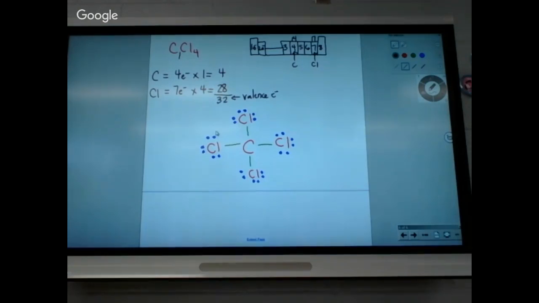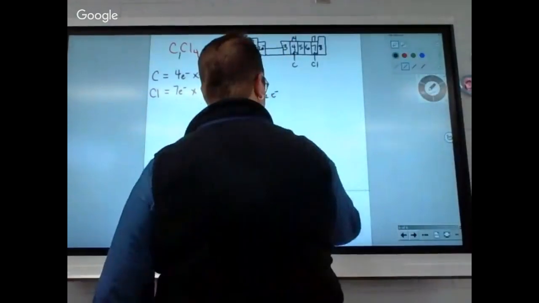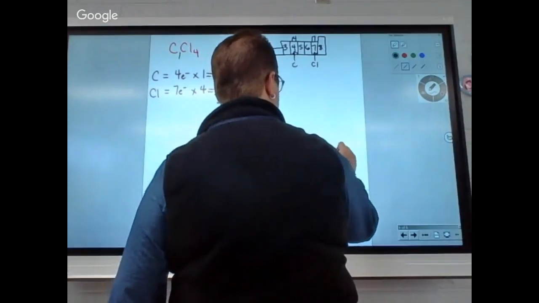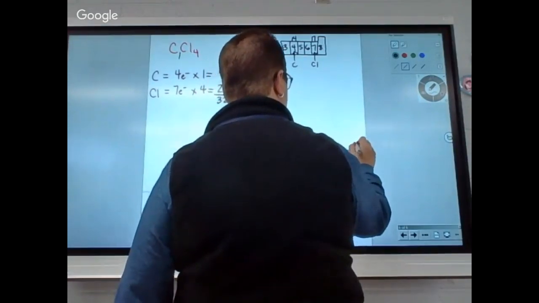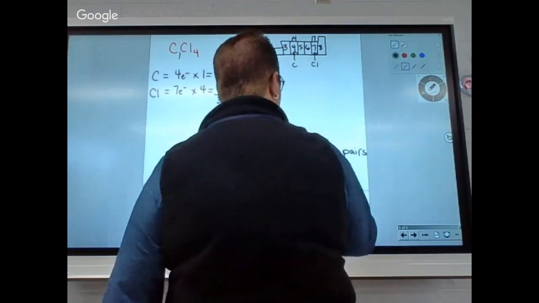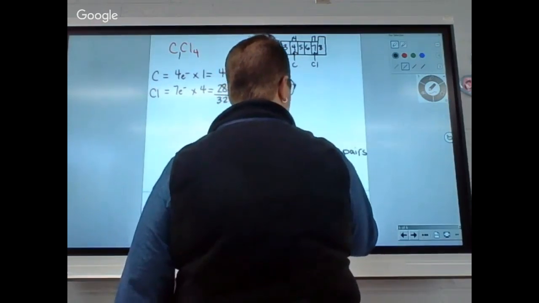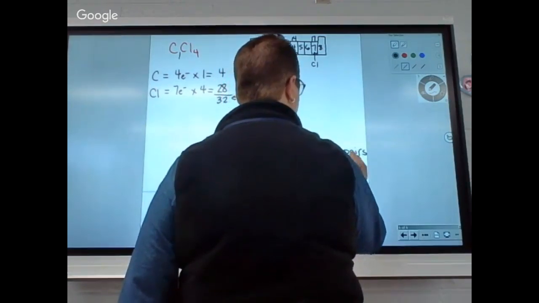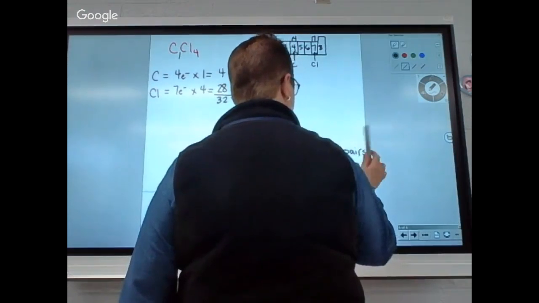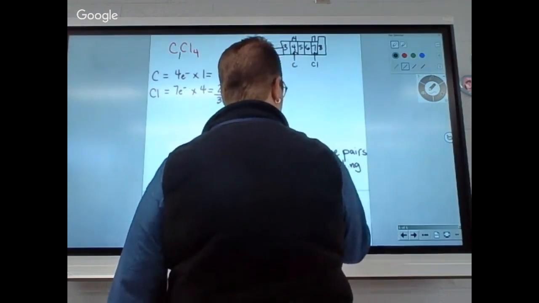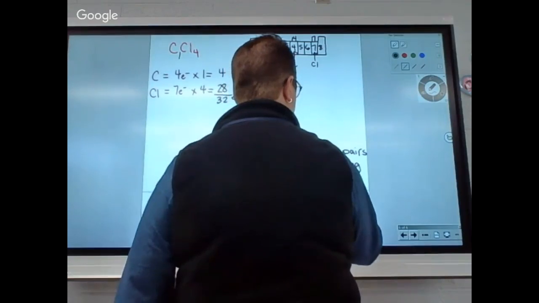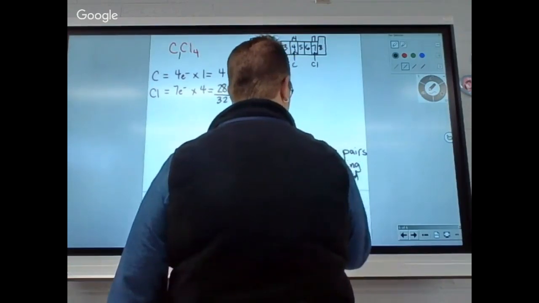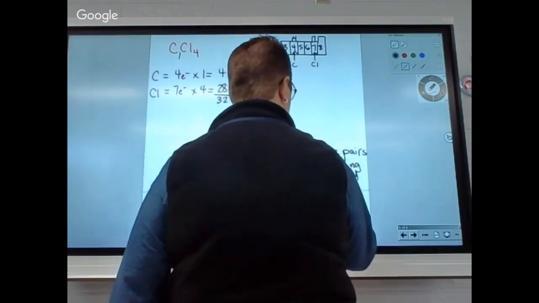All right. The dots are called lone pairs, which is the term you will hear me call them most often. We can also call them non-bonding or unshared pairs.